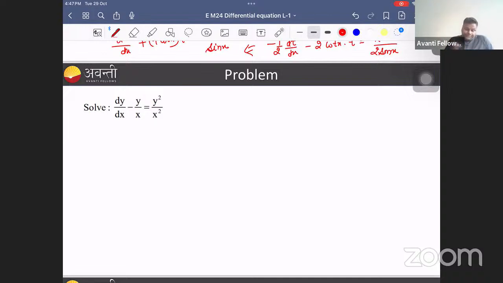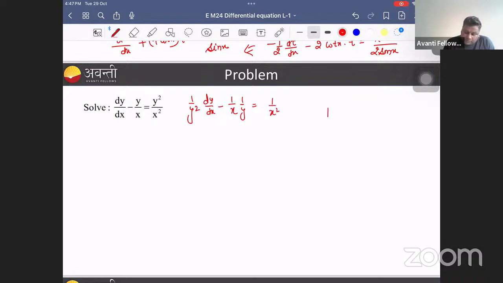Now see. Again the same thing. To maintain the coefficient of dy by dx a function of x only on the right side, I divide the equation by y square. So 1 by y square dy by dx minus 1 by x into 1 by y is 1 by x square.